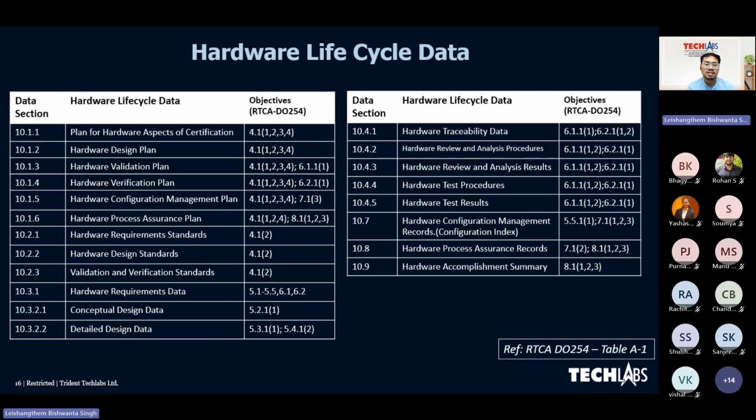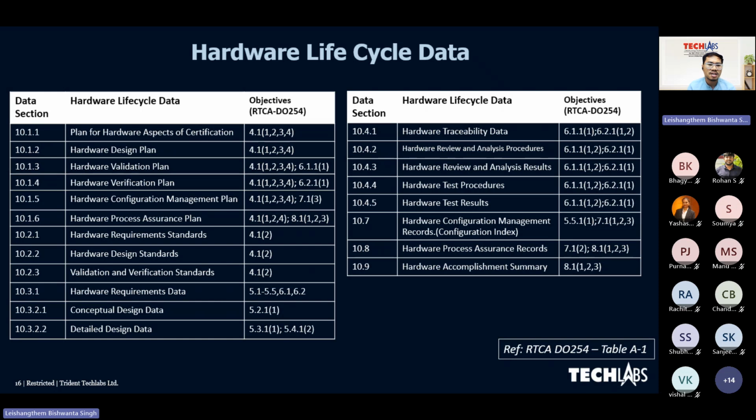They will be checking these data and validating and auditing your design and processes. And to back up these lifecycle data, you will have to have your artifacts from your whole DO-254 process of the requirement capturing, conceptual design, detailed design, implementation, and the supporting process of validation, verification, and configuration management also. That is where most of the role of the verification and validation engineer comes in.